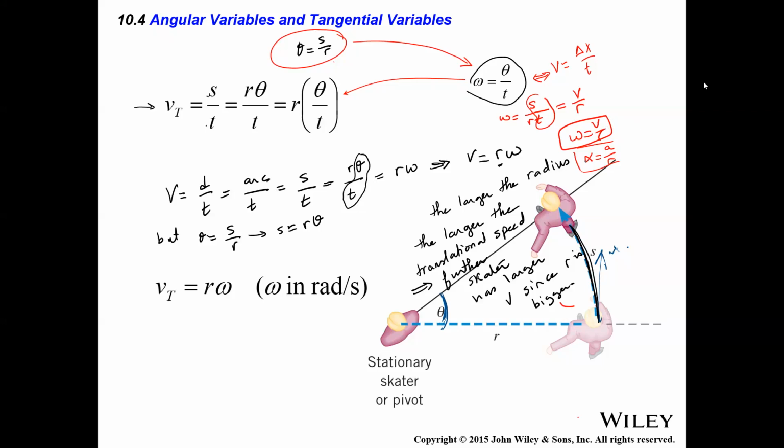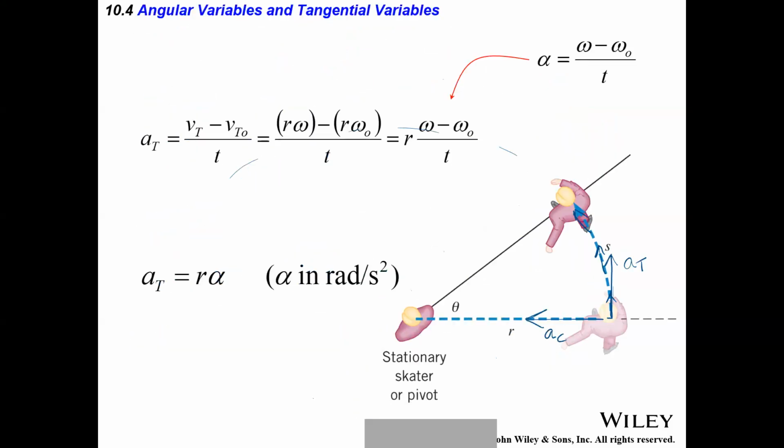Now, we notice also that the acceleration that we will get from here is going to be a tangential acceleration. You all agree? This is tangential because I obtained it by deriving the tangential velocity. So this is a tangential acceleration. And from it, I found the angular acceleration. However, I know in this circular motion, the acceleration is not just tangential, it's also going to have a centripetal component.